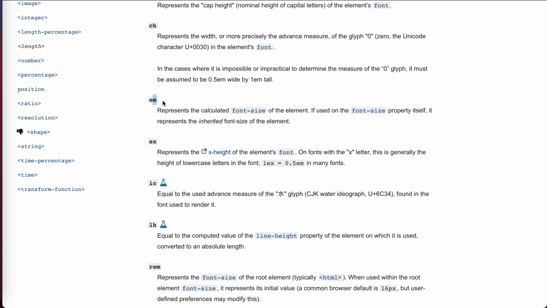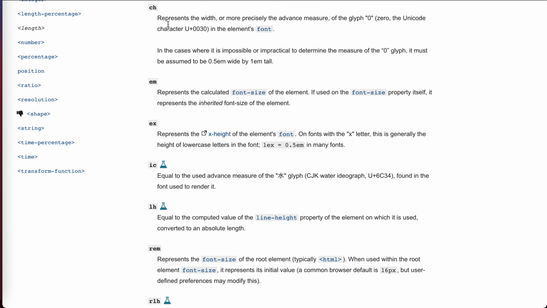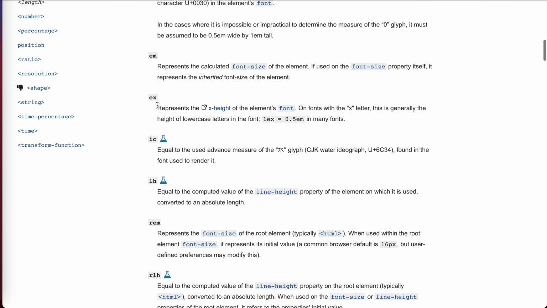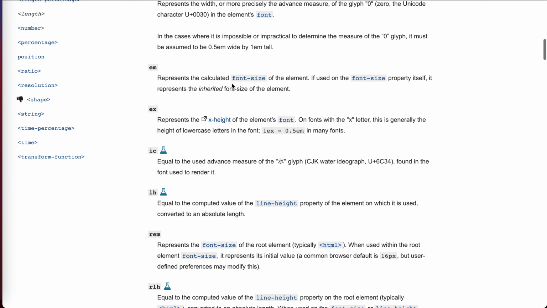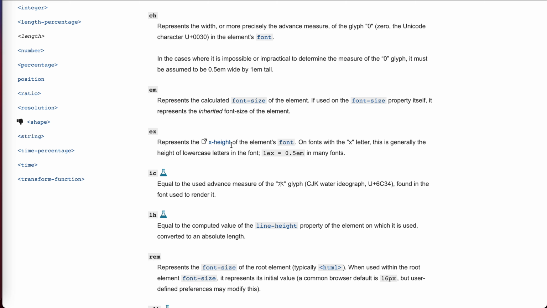It means the font size. No problem. So CH, half of it. EX means the X height of a font. It's approximately half of the M, but it's not exact.